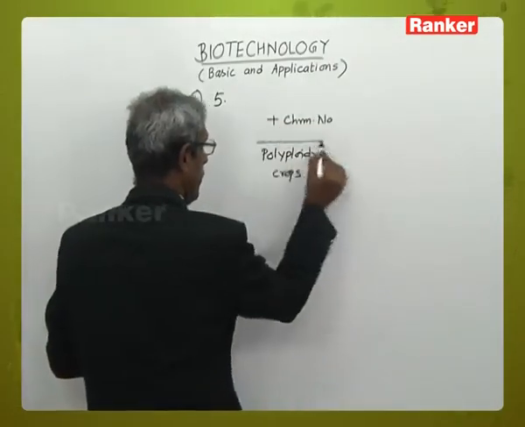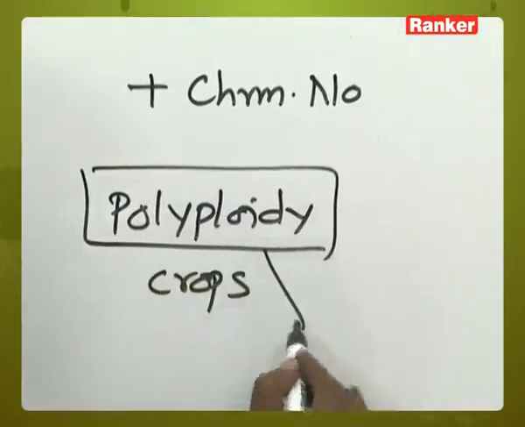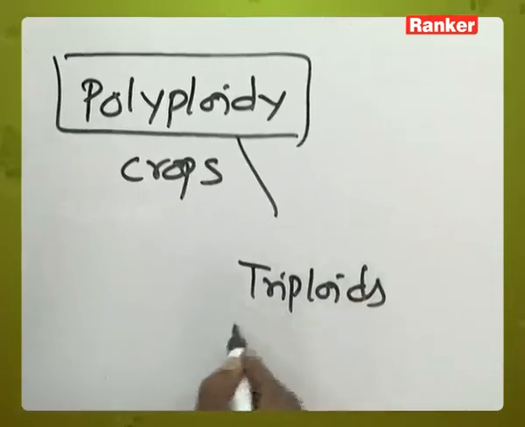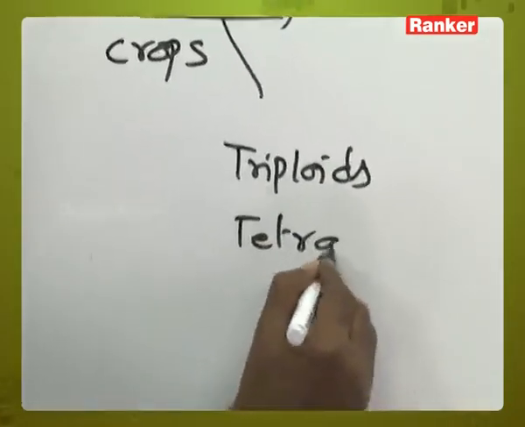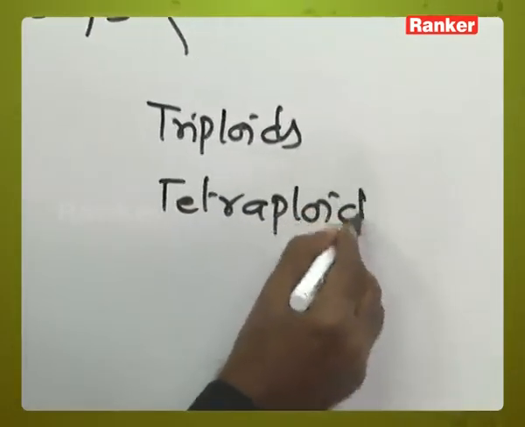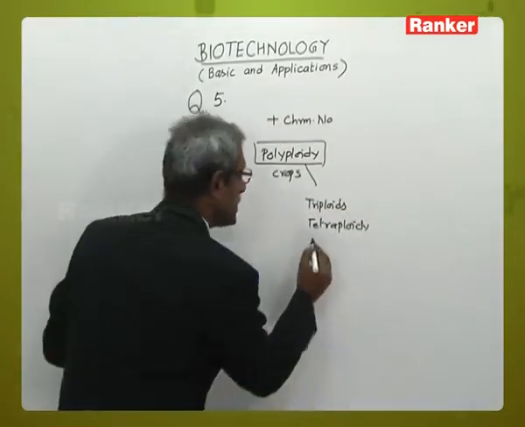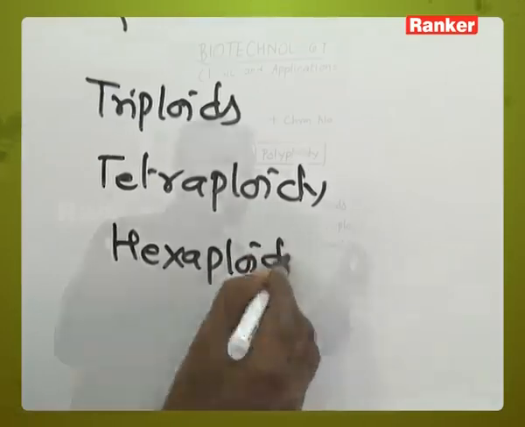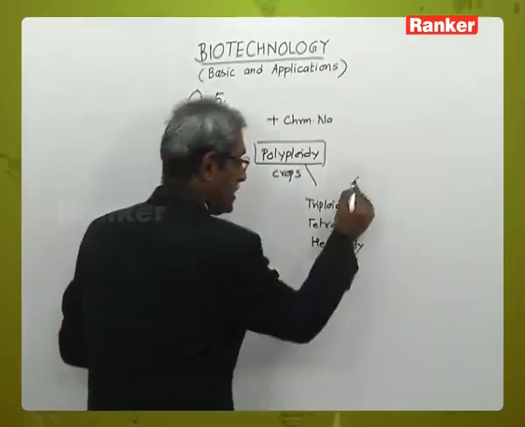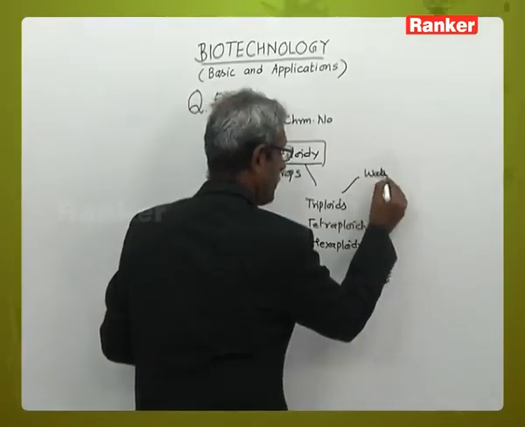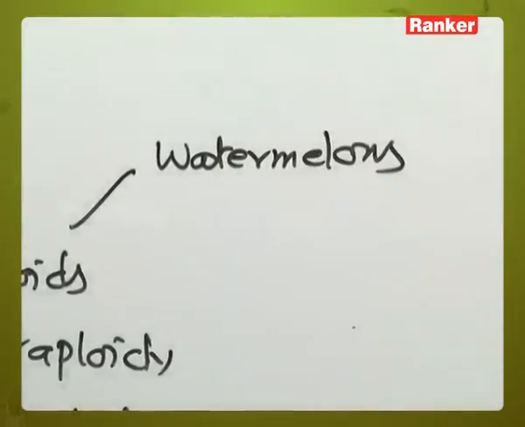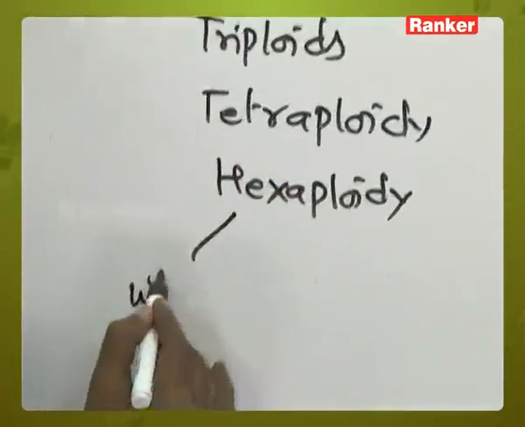Increased chromosome number of polyploidy could include triploids, tetraploids, hexaploids, like you have triploids in the case of watermelons, hexaploids in the case of wheat.